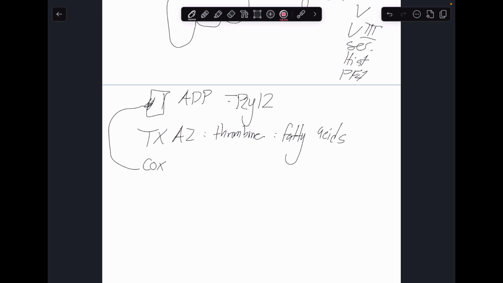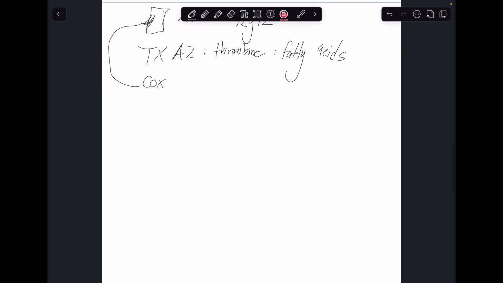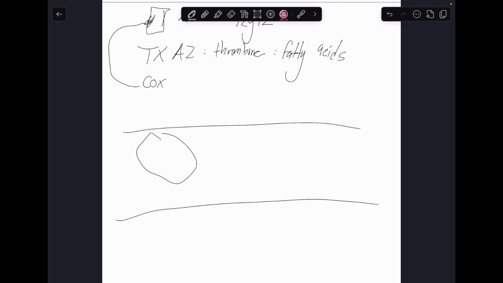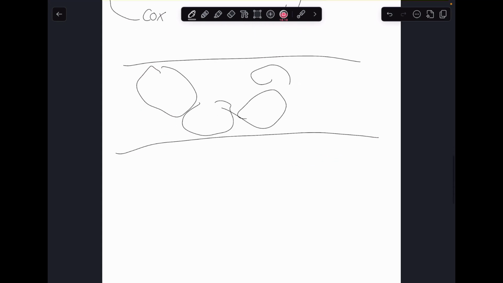So what will happen is as these platelets get activated, we'll look something like this. We've got 1, 2, 3, 4, and we'll have fibrinogen receptors on here too.